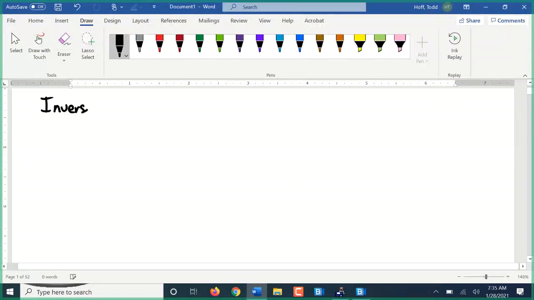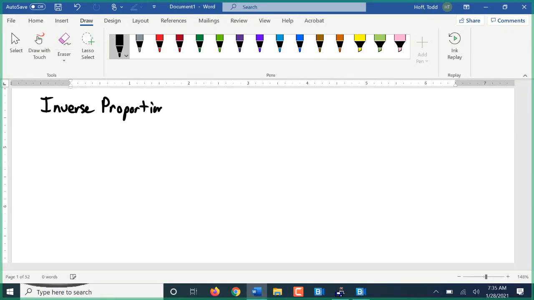So the next type of relationship that we can illustrate with proportion, and I really don't like it being called this, inverse proportion. I prefer it to be called inverse relation, or inverse variation sometimes. Inversely related.